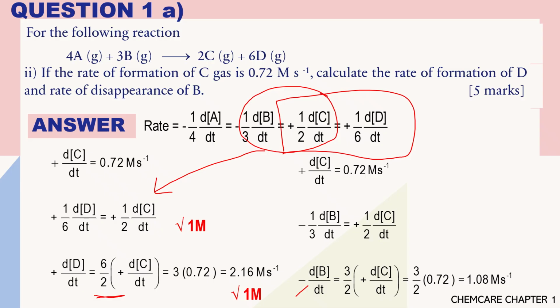So we get the final answer 1.08 M s negative 1. So remember, the final answer should be a positive value. Only the expression of rate can be positive or negative, depends whether it's formation or disappearance. So the marks is given for the relationship between B and C and final answer.